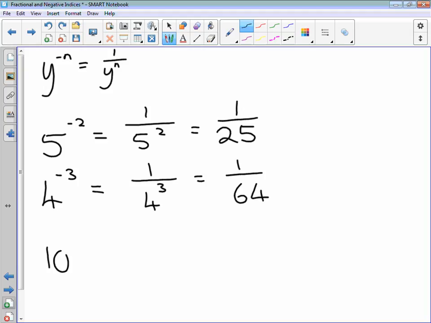And if I've got 10 to the power of -4, that is 1 over 10 to the power of 4. 10 to the power of 4 is 10,000, so it's 1 over 10,000.